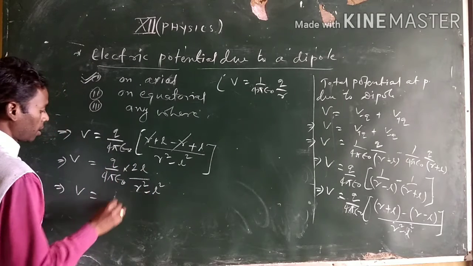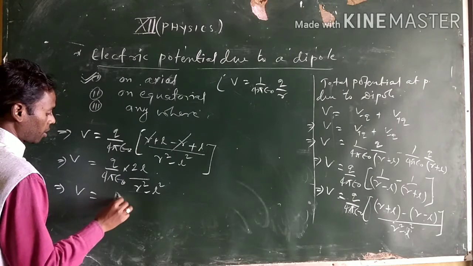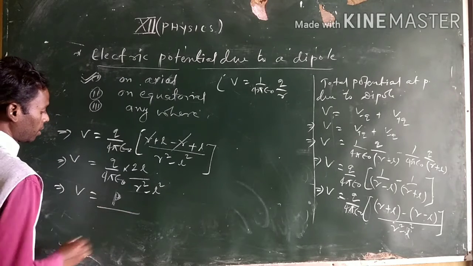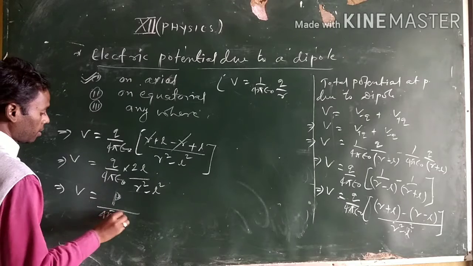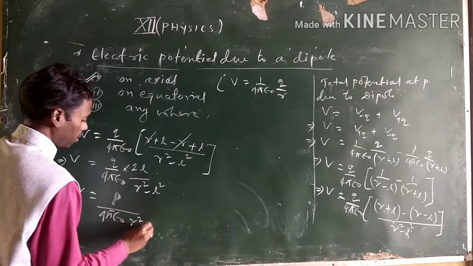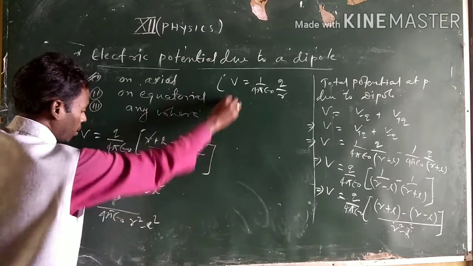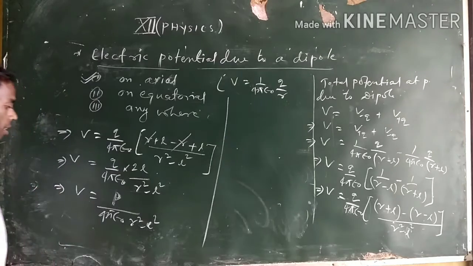2qL, that is our electric dipole moment, that is the P, right? We have already discussed in chapter number 1, divided by 4 pi epsilon naught, there R square minus L square, okay. Here one term is there.